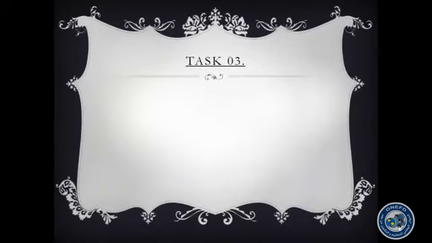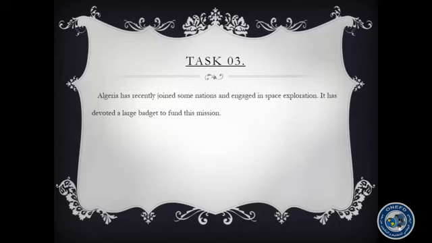So we have arrived at task 3. In task 3, you're going to see a situation of communication, or situation of integration, where you are going to reinvest what you have learned so far. Let's take a look at the situation. Algeria has recently joined some nations and engaged in space exploration. It has devoted a large budget to fund this mission.